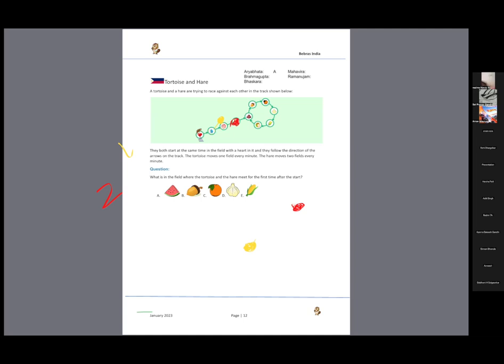In the third minute, the hare again moves two squares and lands on the acorn tile, and the tortoise moves one square and lands on the grass tile. In the next minute, the hare goes two steps further to the onion tile, and the tortoise goes one step forward till the watermelon tile.